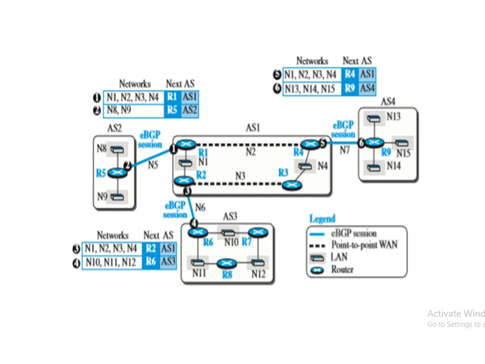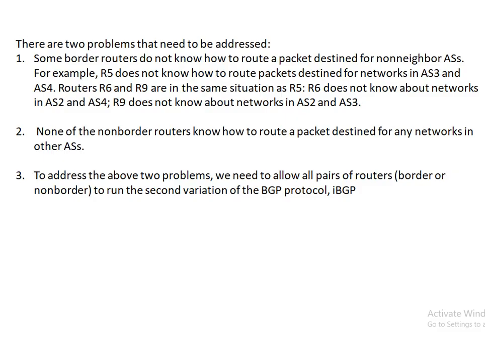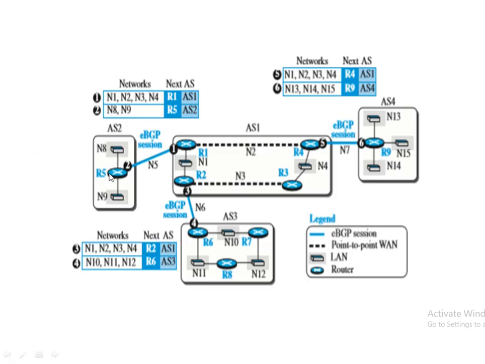Now there are two problems which can happen here. The first problem is that some border routers do not know how to route a packet destined to a non-neighboring AS. For AS2, the neighboring AS is AS1. For AS2, AS4 is non-neighboring because they are not directly connected, and AS3 is also a non-neighboring autonomous system.